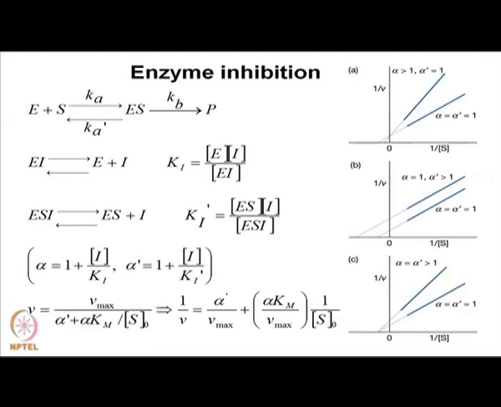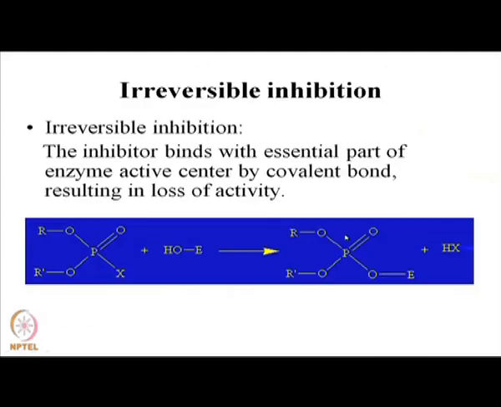Then the basic kinetic scheme we have given, and three different situations can be obtained out of it. One is for competitive, another is for uncompetitive, and third one is for non-competitive inhibition. We have given the idea of irreversible inhibition, that is irreversibly this enzyme is transformed to something else.